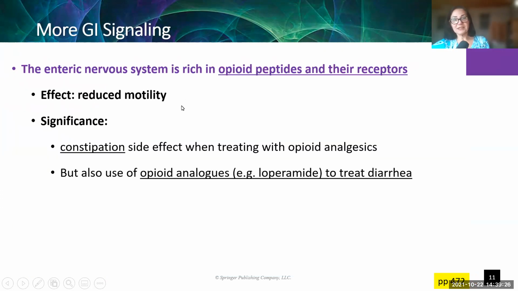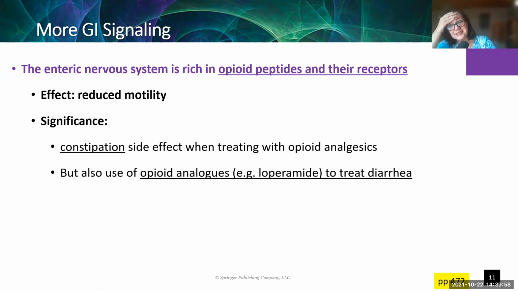Okay, so some more signaling, and this actually has a significance for our patients every day. The enteric nervous system, we've mentioned this, it's communication here in the GI tract. It has opioid peptides and receptors for these opioid peptides. And when they get stimulated, that slows things down, reduced motility.